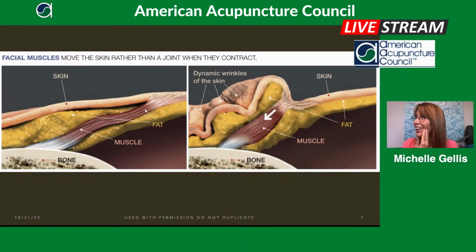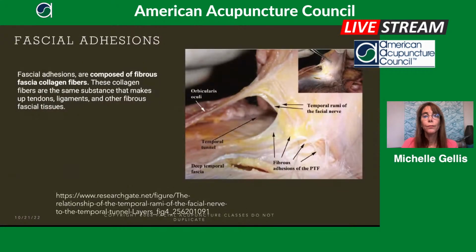Like if you smile, if you raise your eyebrows, if you pull your eyebrows together, if you purse your lips, right? You can purse your lips without having to move any bone at all, just by moving the muscle, the orbicularis oris. And what can happen is we can get these fascial adhesions, which are like scar tissue.